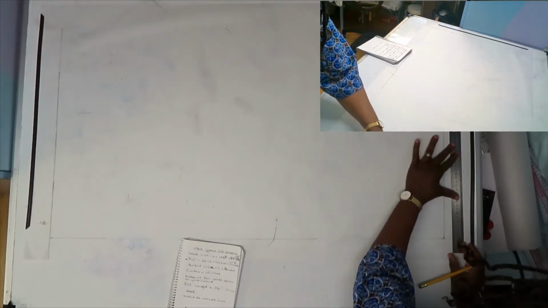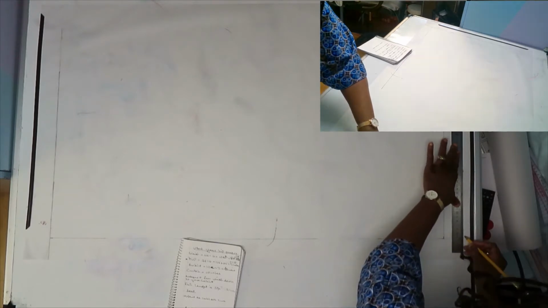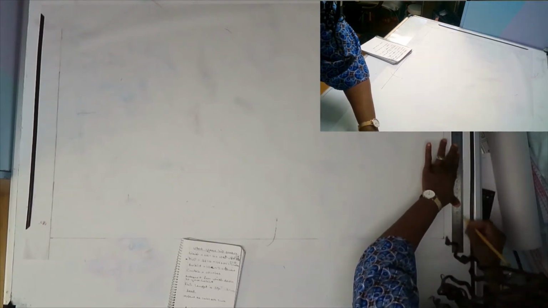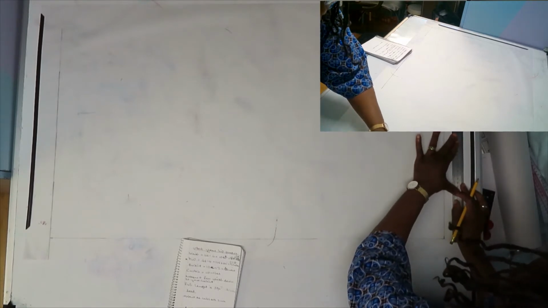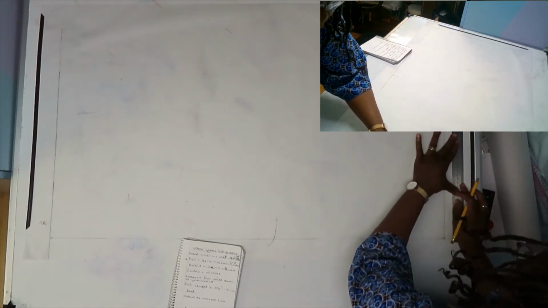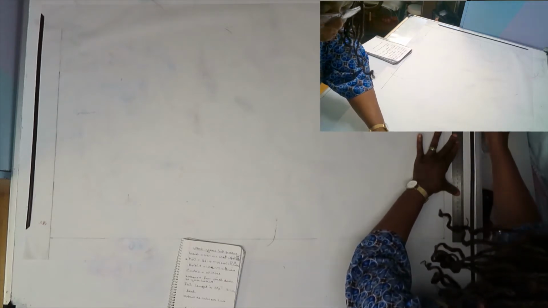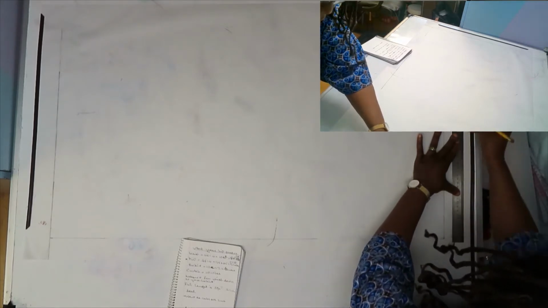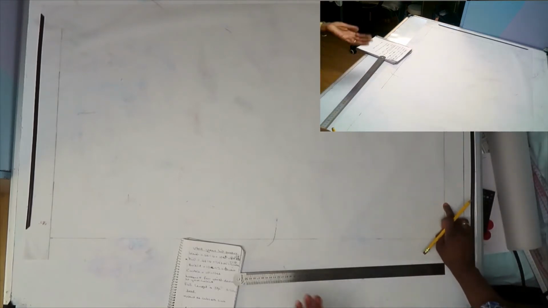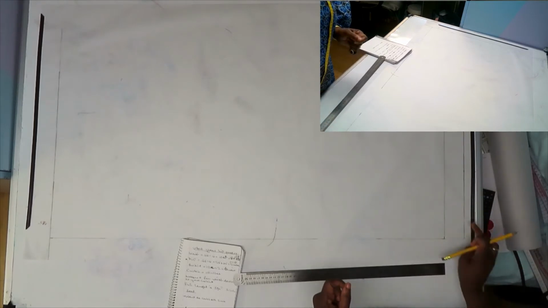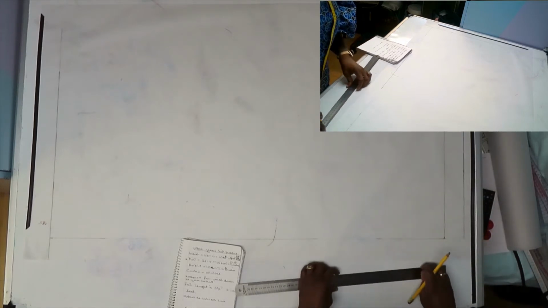So I will connect my line, and connect the other line. Okay. So as you can see, this is my true measurement, the length, and this is the hem.